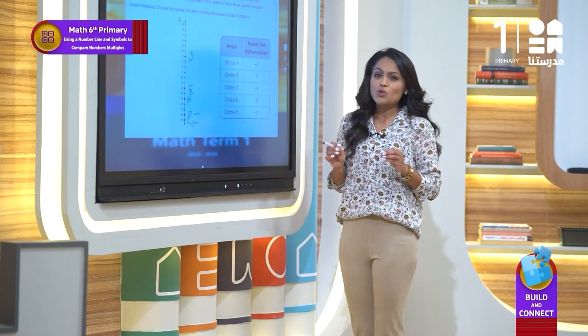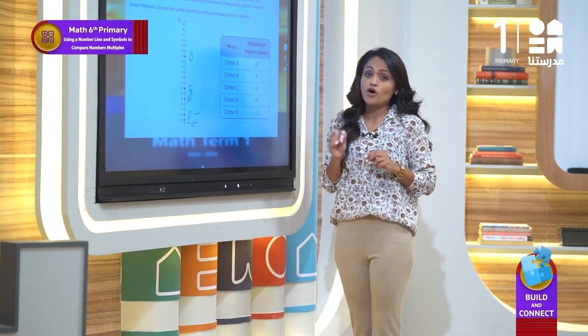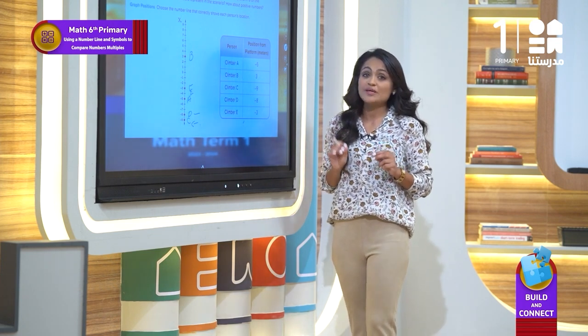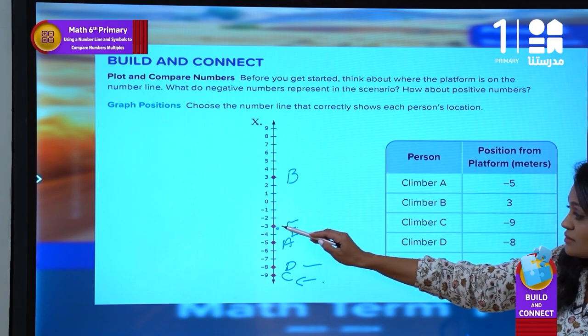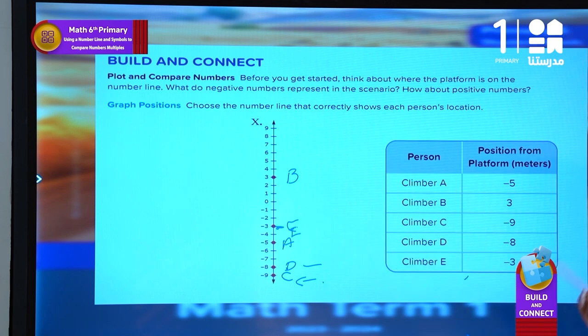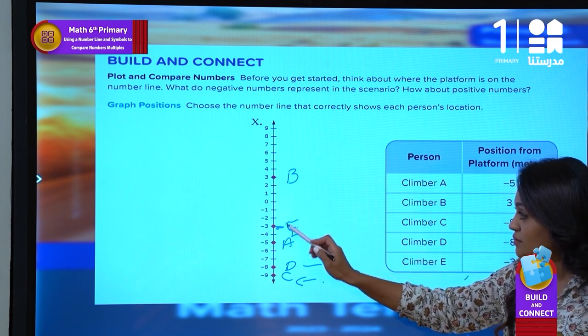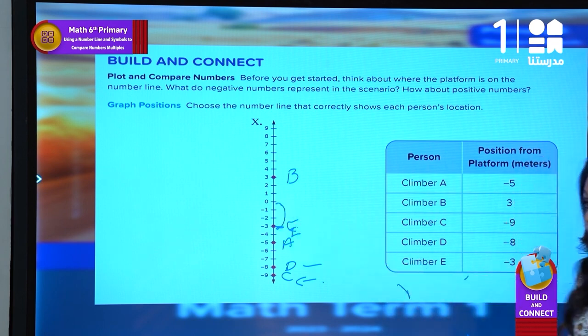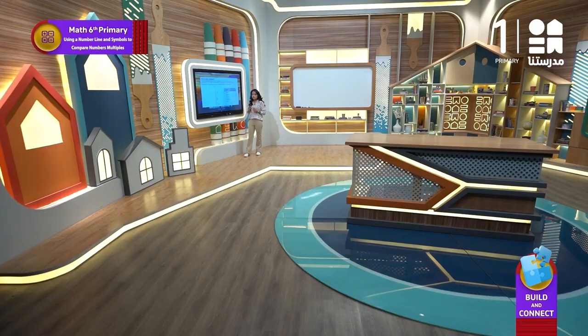Meaning the climber closer to 0 and below it at the same time, of course, the number will be negative. We will find that climber E, as you see here, is the closest to the platform. He is 3 meters away from the platform, but below it. So the number representing his position is -3.